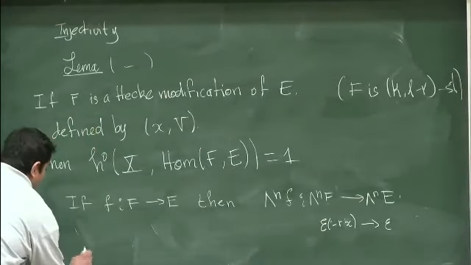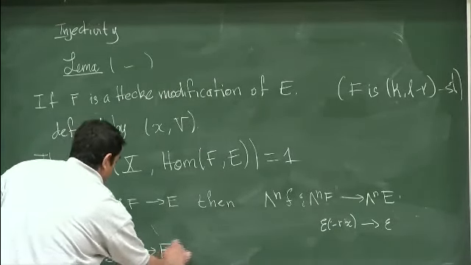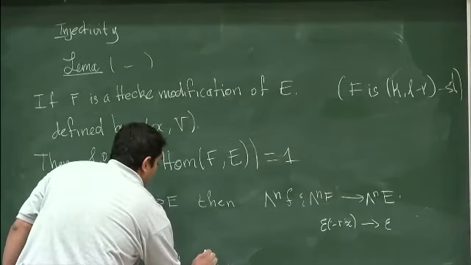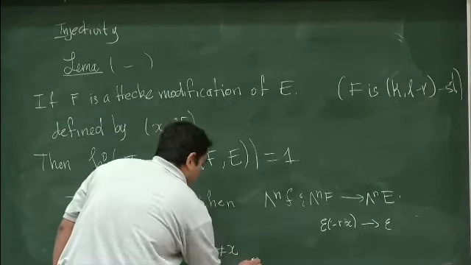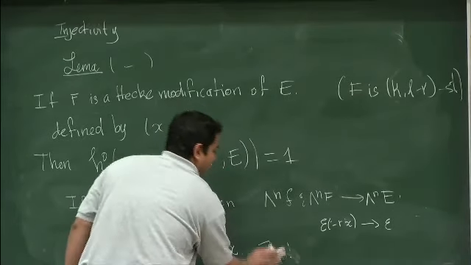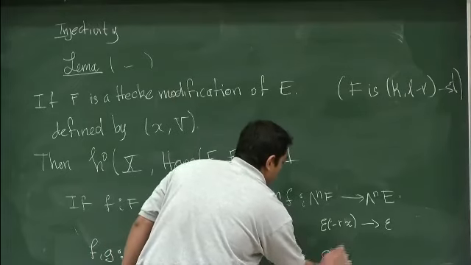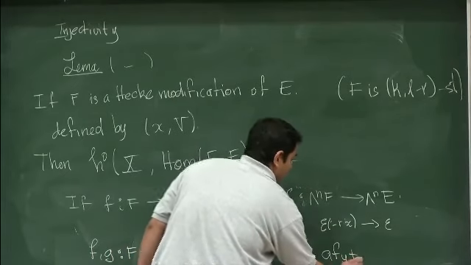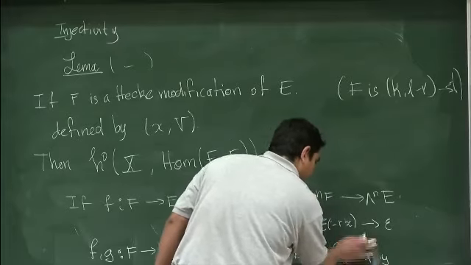And then if I take two morphisms here, then for a different point Y, there exist two values where this is not an isomorphism.